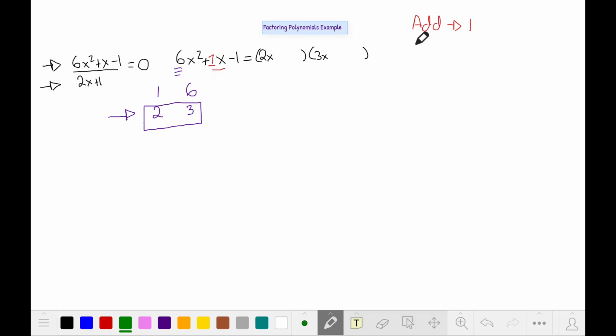And then we need to multiply to -1. Now, this problem is going to be a little bit trickier than the ones we worked with, not just because of the purple, but also because the fact that I've got a positive x and a -1, that tells me that we are going to have a mix of positive and negative terms.